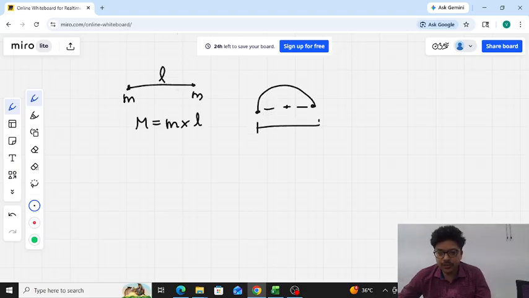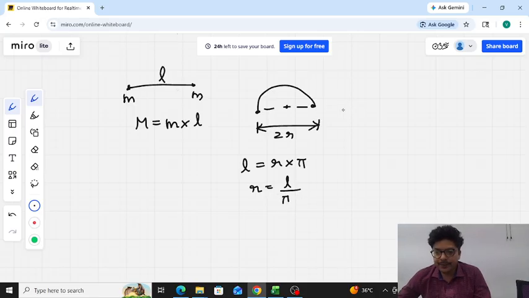The arc length L is equal to r into the angle, which is pi. So r is equal to L by pi.